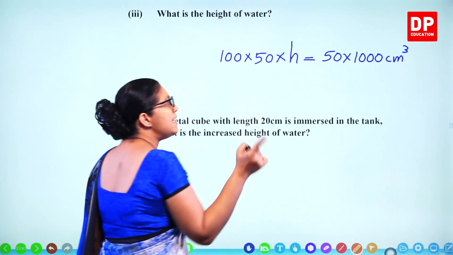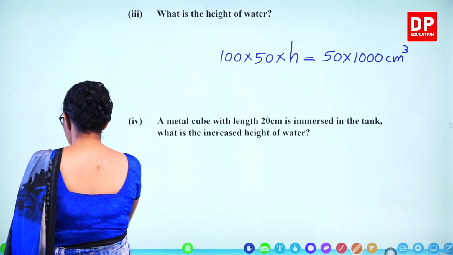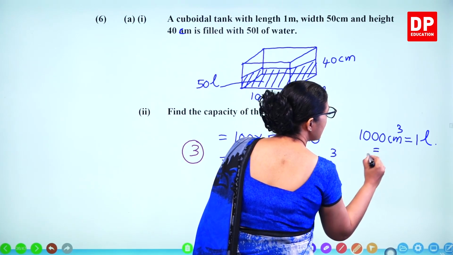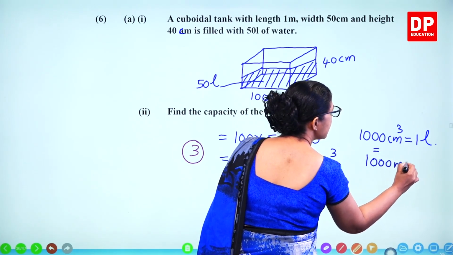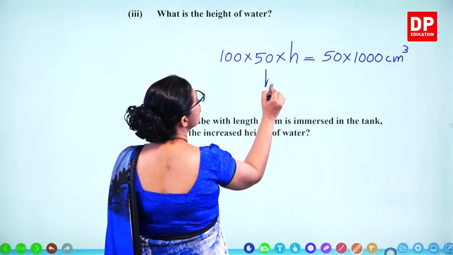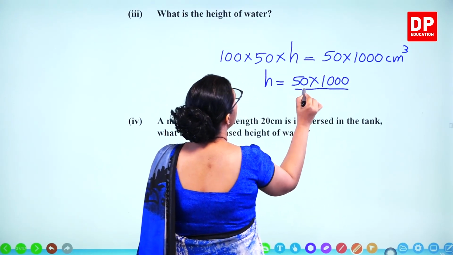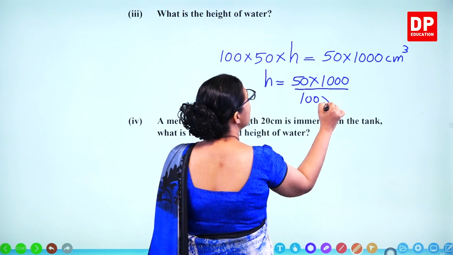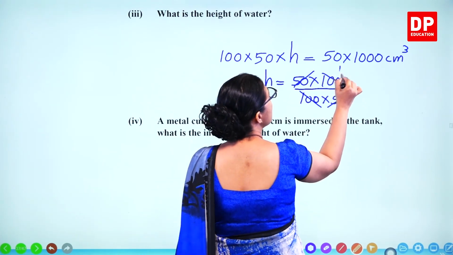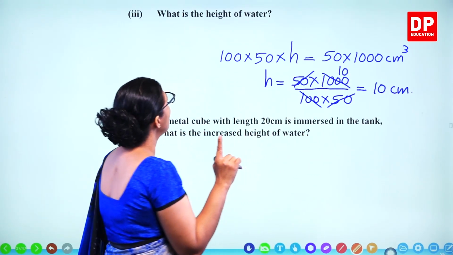This is milliliters. 1000 milliliters is 1 liter. Now find H. 50 into 1000 divided by 100 into 50. So 50 gets cancelled out, and you get 10 here. 10 centimeters is the height of water.